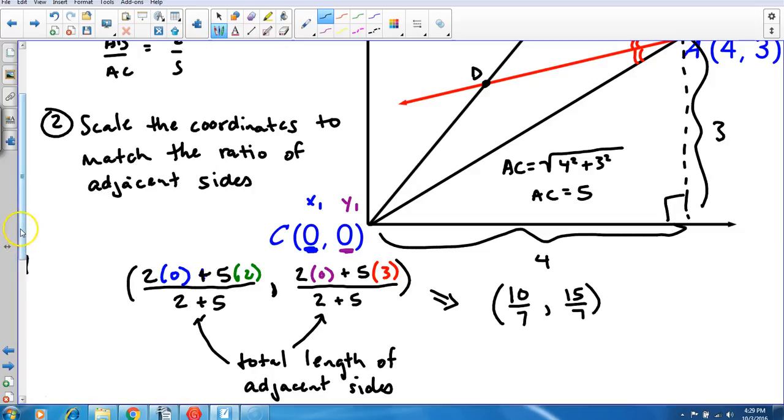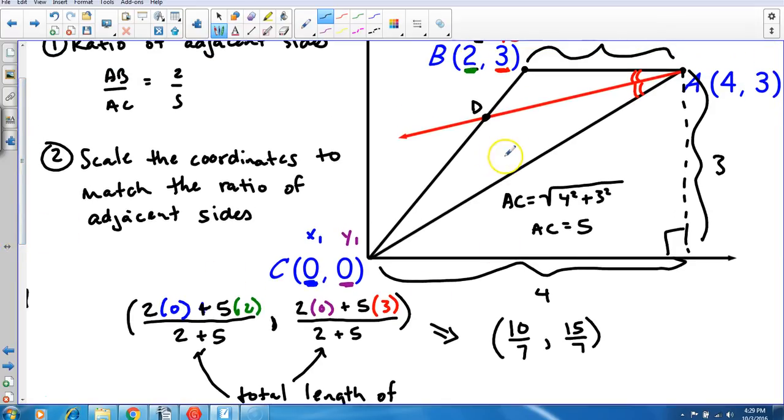So this is actually point D. This is the point of intersection of the angle bisector and opposite sides.